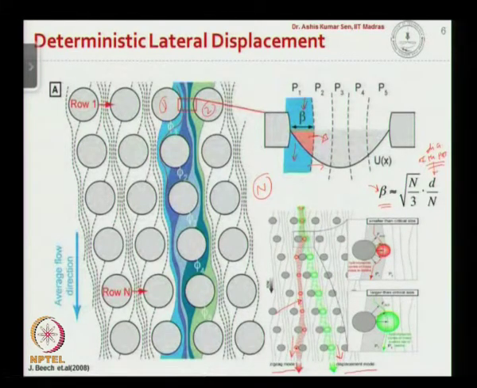Okay. So based on the particle size, the smaller particles will follow the zigzag mode and the larger particles will follow the displacement mode, and that is how we can separate them.